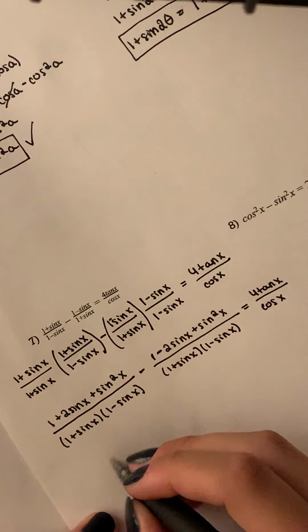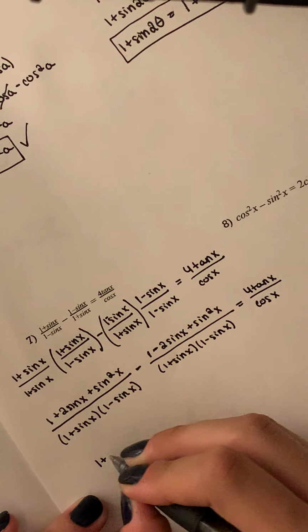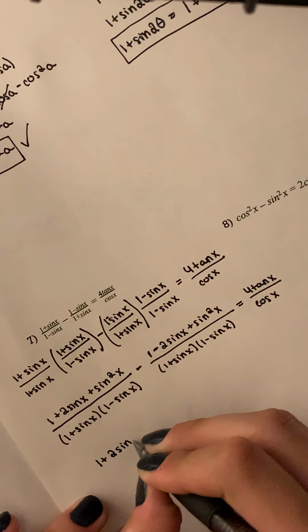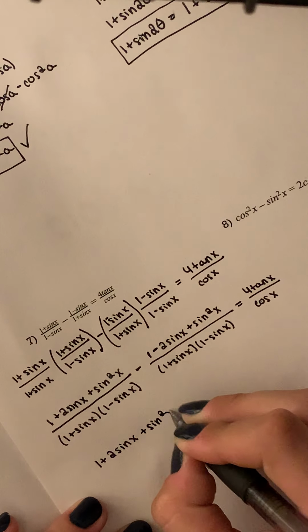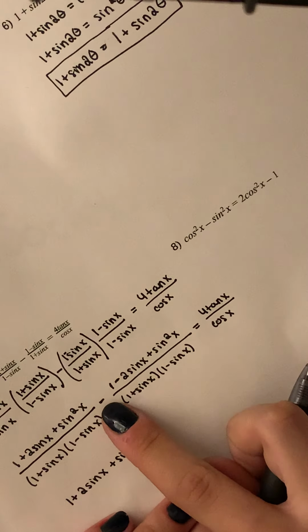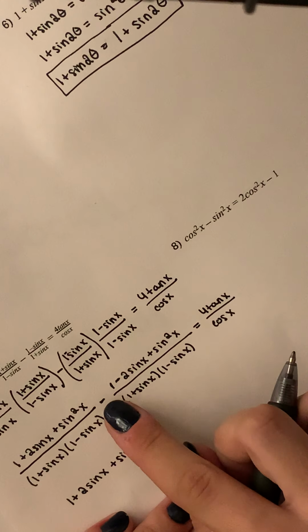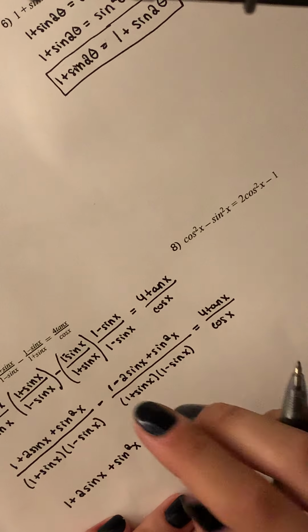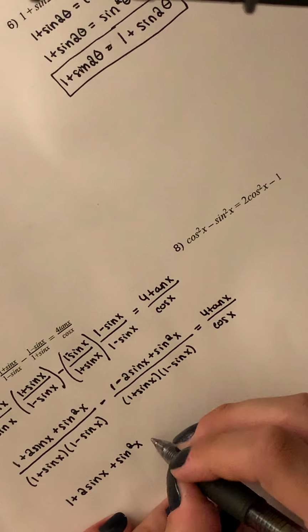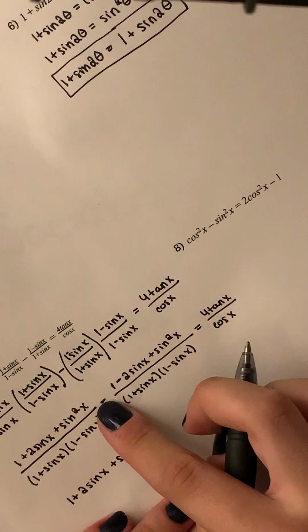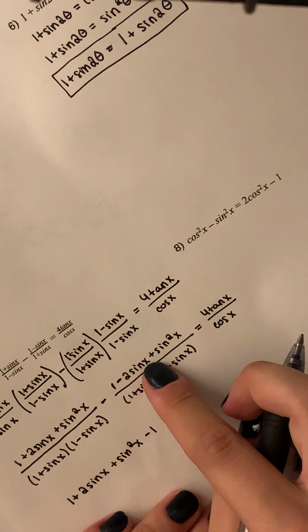So I'll copy down what we have on our left side here, which is 1 plus 2 sine x plus sine squared x. And then, like I said, you have to distribute this negative. You're not just subtracting one term, you're subtracting each of these individual terms. So you do minus 1, then you do minus a negative 2 sine x.